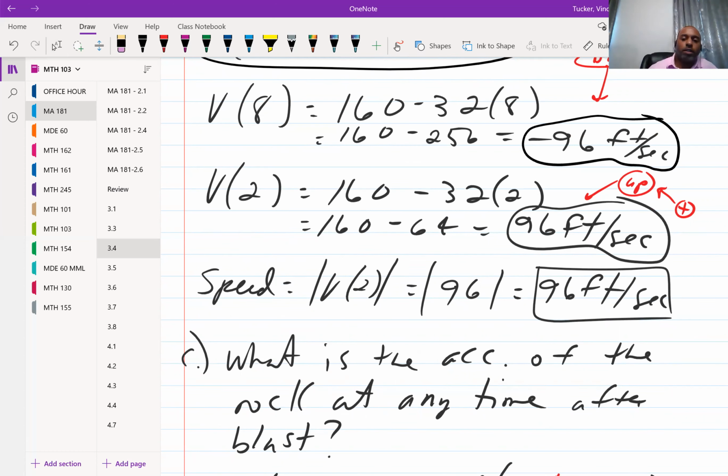And here's the next question: what is the acceleration of the rock at any time after the blast?